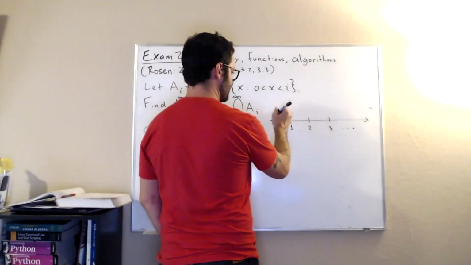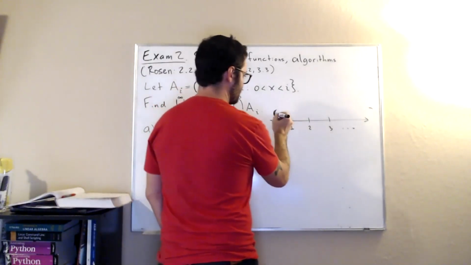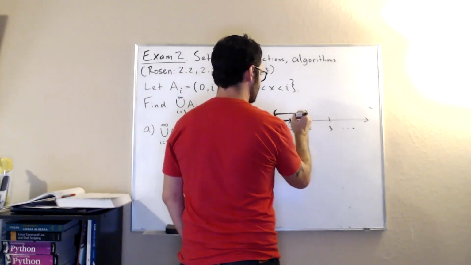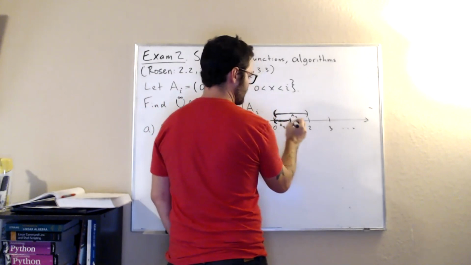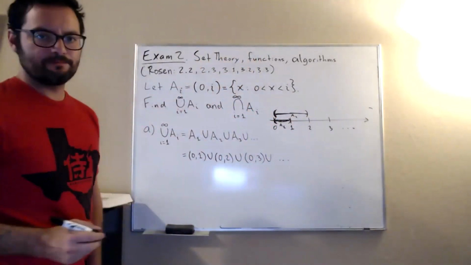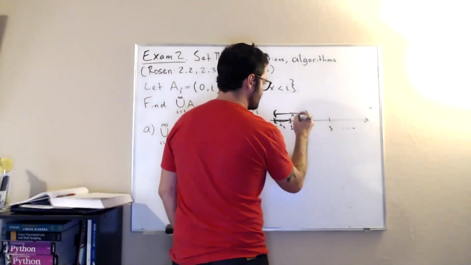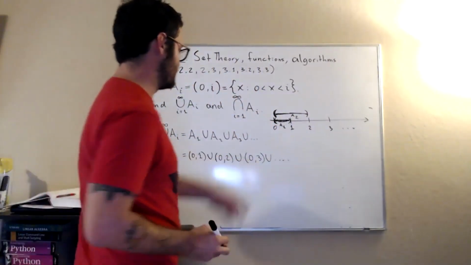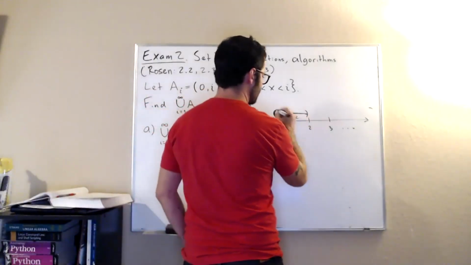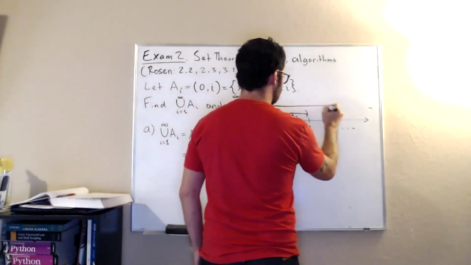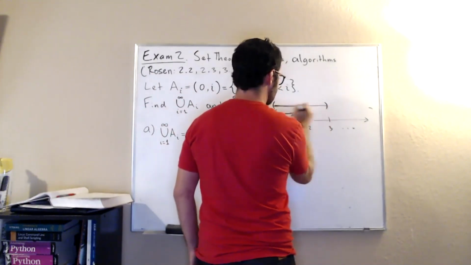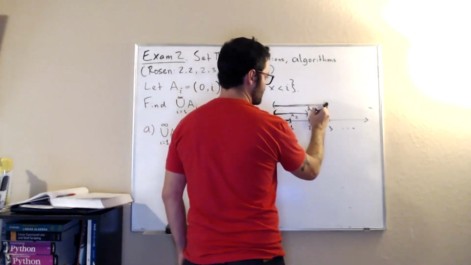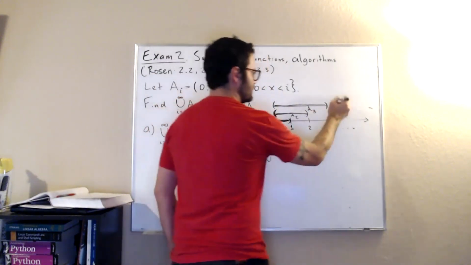Well, A2 is the open interval from there to there. So it's all of those numbers. And what's A3? A3 is the open interval from 0 to 3. I would just overlap it, but I want to distinguish them from each other. And you just keep on going.